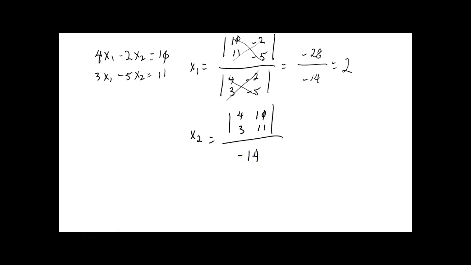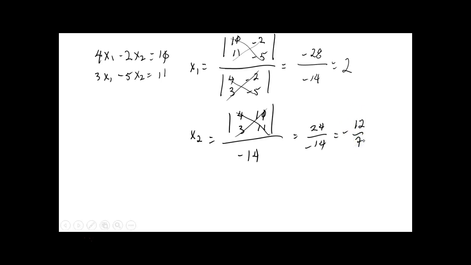Once you've done that denominator, you're done with it. It's done. Okay? So the numerator here is 44 minus 30, which I believe is 24 over -14, and that would be -12/7.